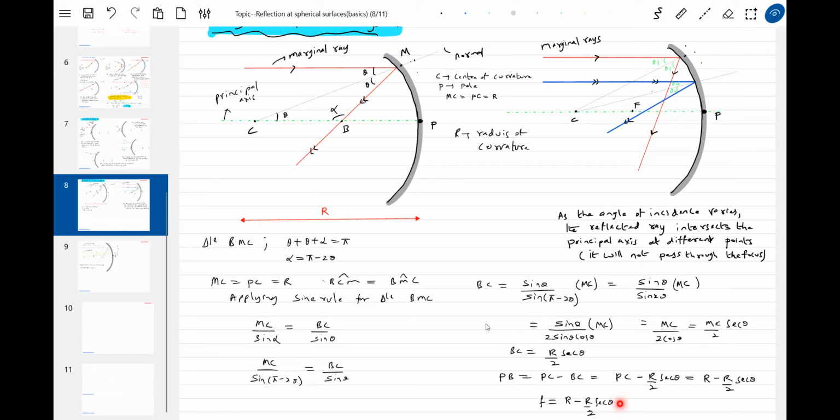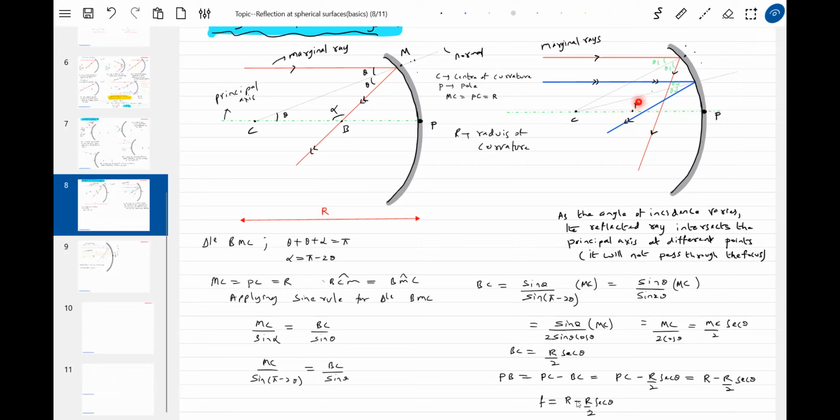Therefore, for marginal rays, the focus is undefined. Only for paraxial rays is it defined. For different values of theta, the marginal rays will intersect the principal axis at different points. As the angle of incidence varies, the reflected rays intersect the principal axis at different points. They will not pass through the focus. The focus is not defined here. Only for paraxial rays will the focus be defined.